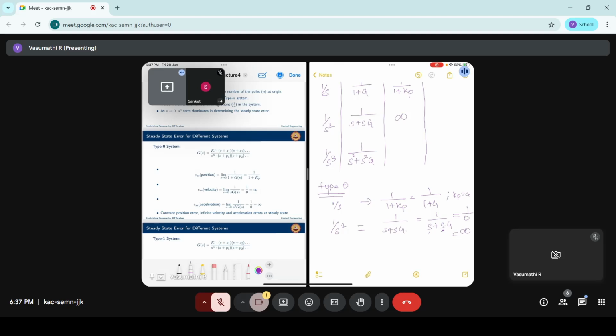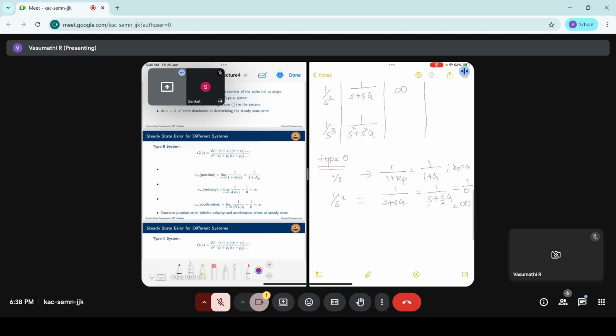For a type 0 system, whenever you are considering the input as ramp, you will get infinity as the error, right? When you consider the input as parabolic, since the ramp itself is giving infinity, parabolic is not going to make any changes since the type of the system is 0.